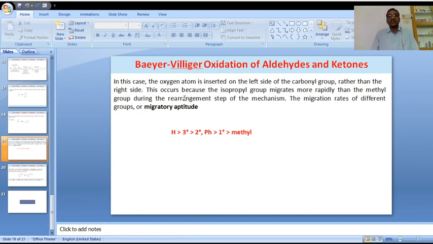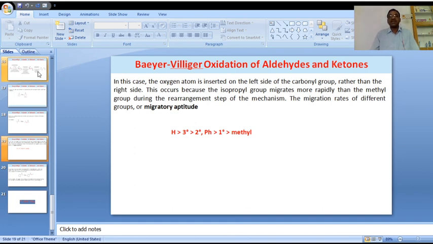Next, a comparative study of primary, secondary and tertiary groups in the Baeyer-Villiger oxidation of aldehydes and ketones. In this case, the oxygen atom is inserted on the left side of the carbonyl group rather than the right side.